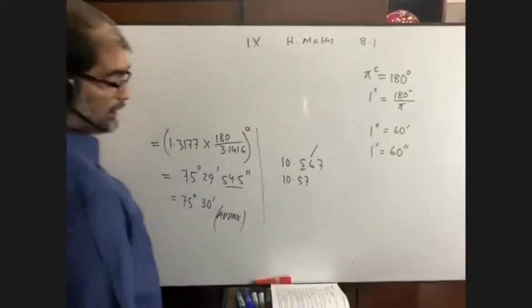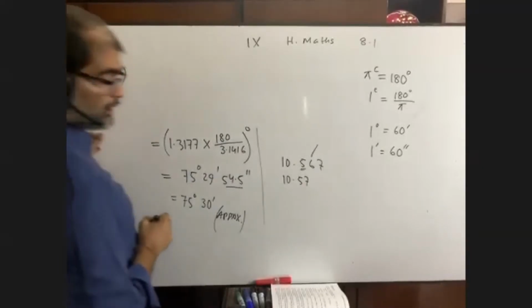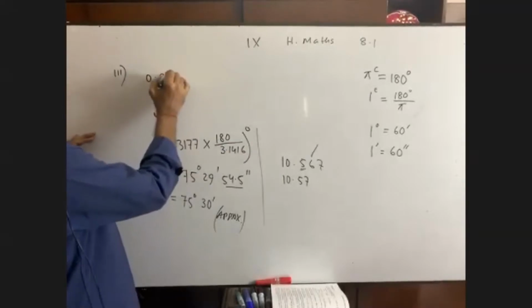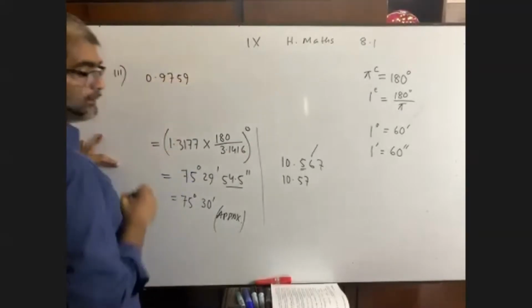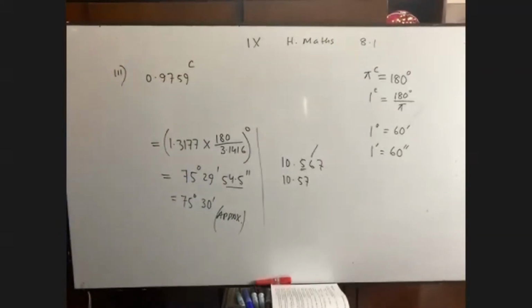In the same way, you did this math. Number 3, 0.9759 radian. Do it. It is for you.